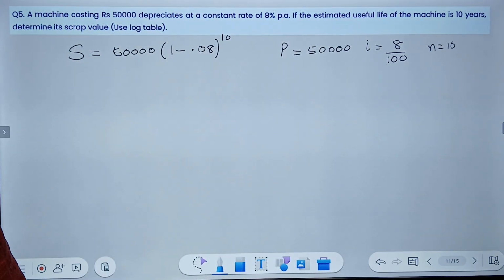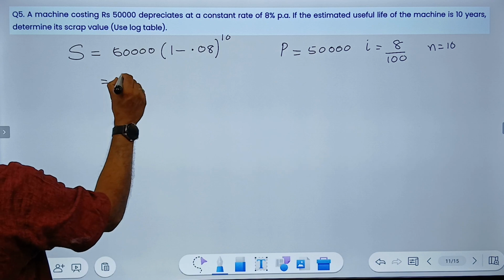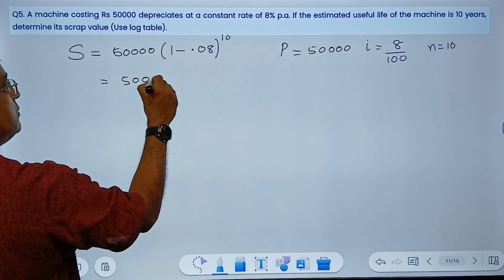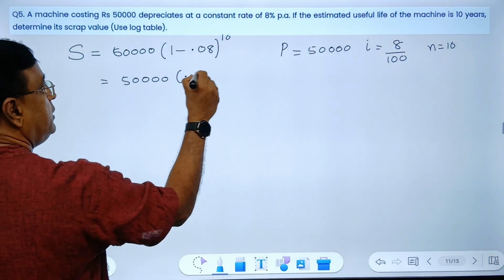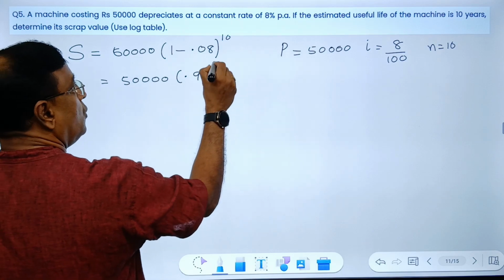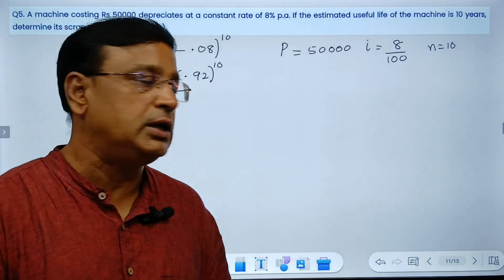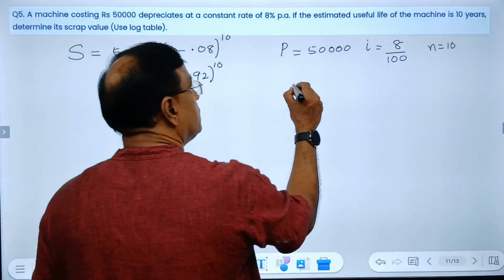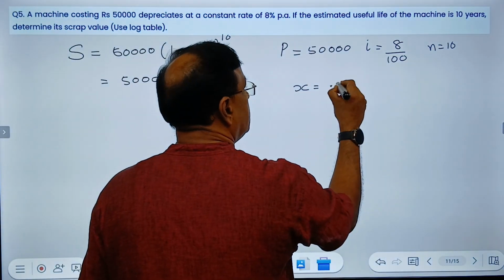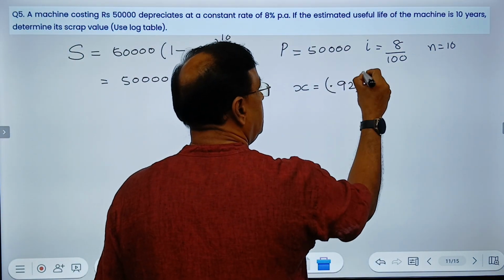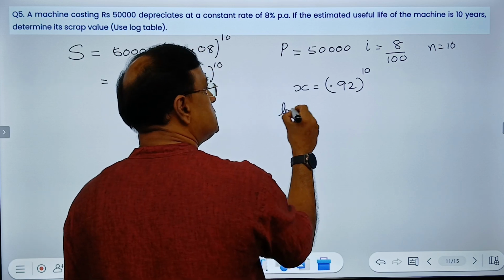Correct? So if I do this, this becomes 50,000 into 0.92 whole power 10. 0.92 whole power 10 is very difficult to multiply, so I'll use logarithm. So x is equal to 0.92 whole power 10, taking log on both sides.